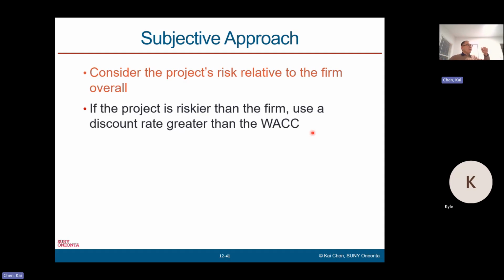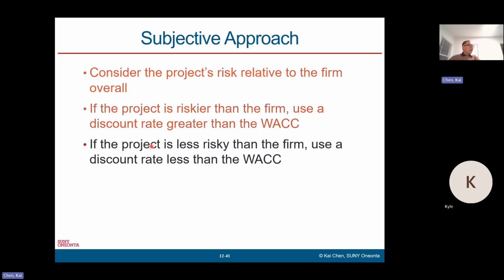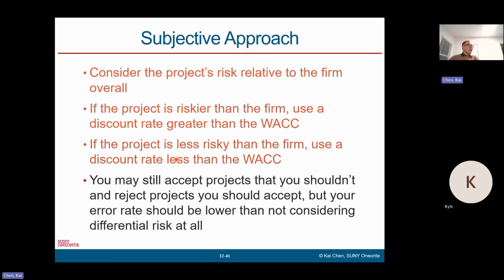If the project is riskier than the firm, then we use a discount rate greater than the WACC. Of course, if the project is less risky than the firm, then we use a discount rate less than the WACC.